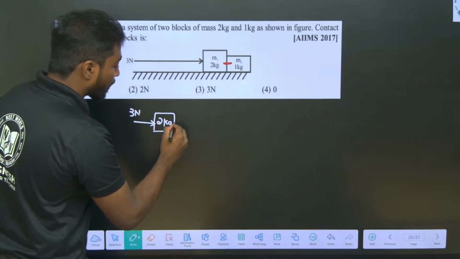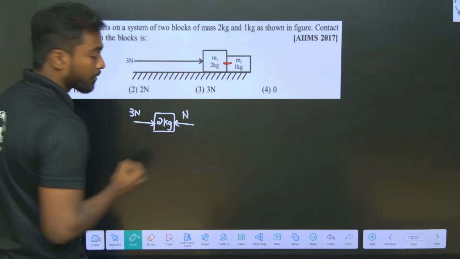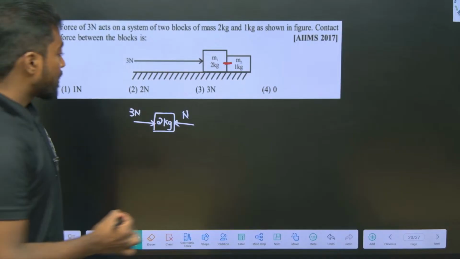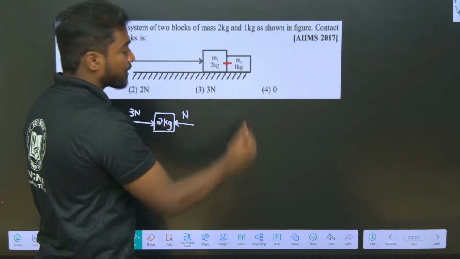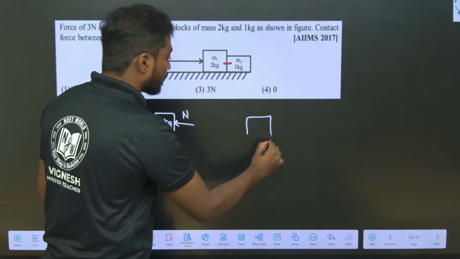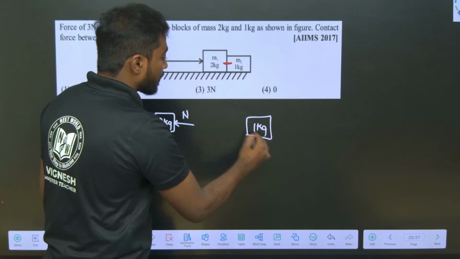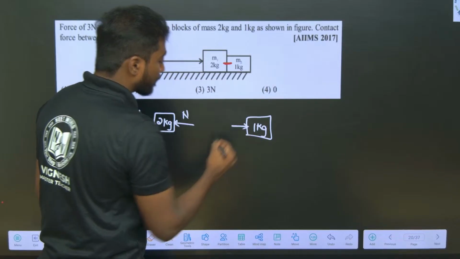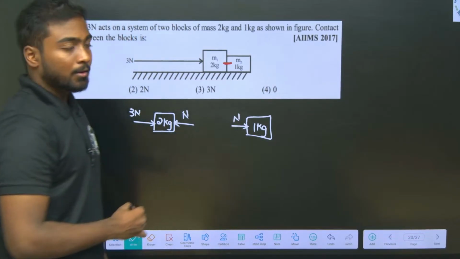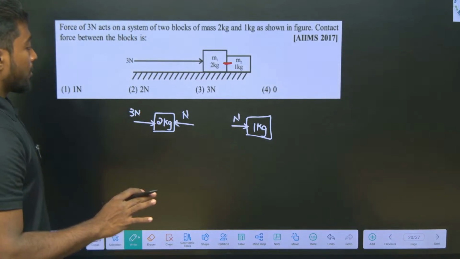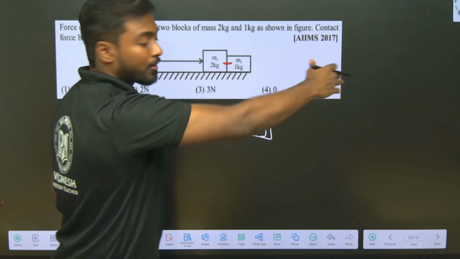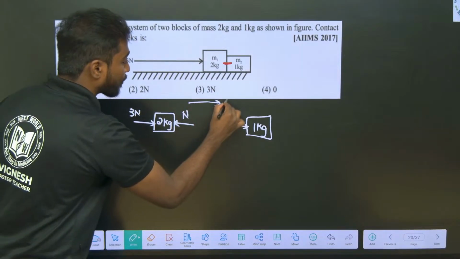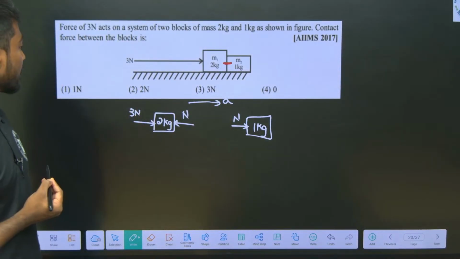So one will be N here, right, N. Now for the mass 1 kg, that is M2, the normal will be like this, N, right, N, that's it. Now which side the block is moving? Towards right, this side the block is moving, so acceleration will be in this direction, right.